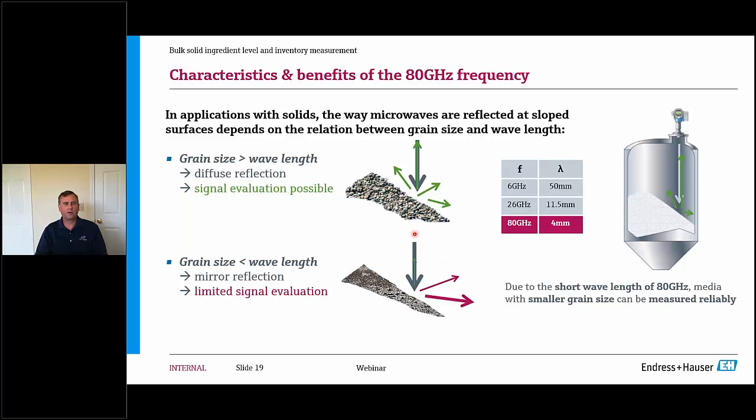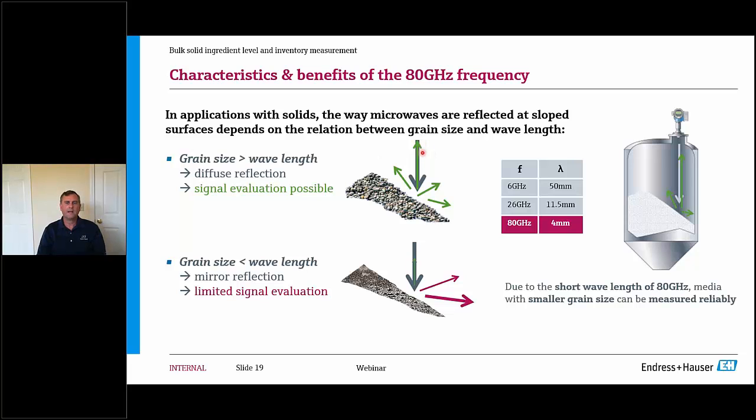And depending on that wavelength and the particle size or grain size, you're either losing or getting a better reflection back from that surface. If you have a very fine, smooth surface, think of it like a mirror effect. You send a signal down, and if you have a very smooth surface, you're going to lose most of that energy, like a mirror effect.